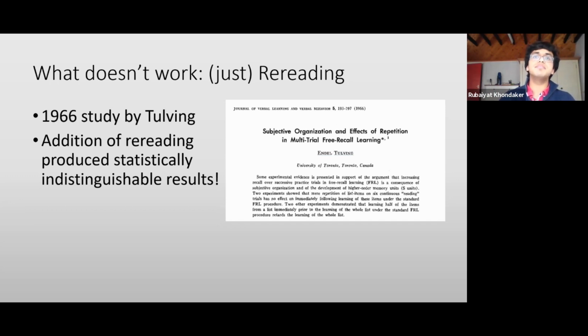Half the people were given the same list, and half of the people were given a completely different list that they hadn't seen before. So half of them already had an advantage, or so you'd think. But actually, when they did the results on the test, the results between the two groups were indistinguishable statistically. So here, rereading, prior exposure to the material, didn't actually help them in scoring better on the test.